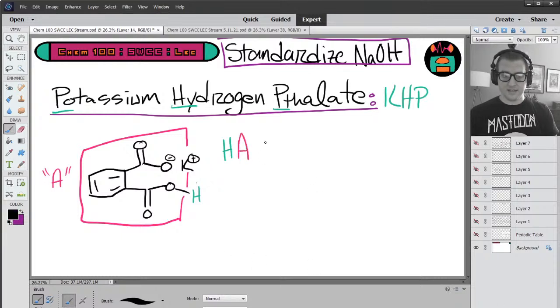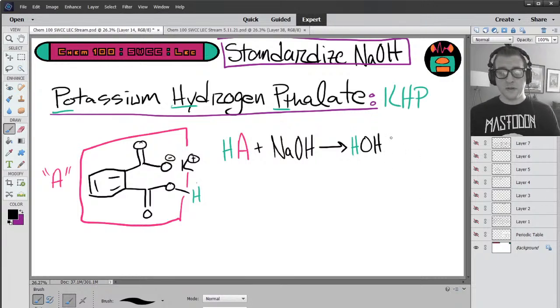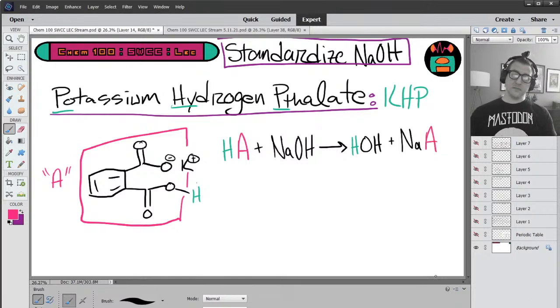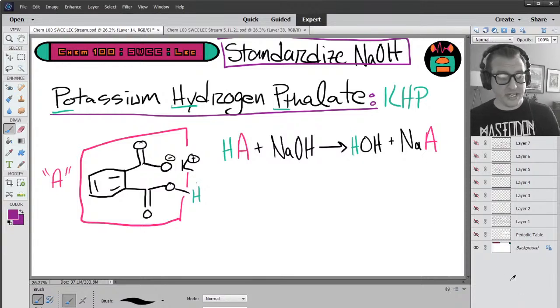and it reacts with sodium hydroxide to produce water, that's where the acidic hydrogen goes, plus sodium, and the rest of it. All right, this is the reaction. What's important here is that we have a 1-to-1 molar ratio, and that's going to be critical for our calculations.